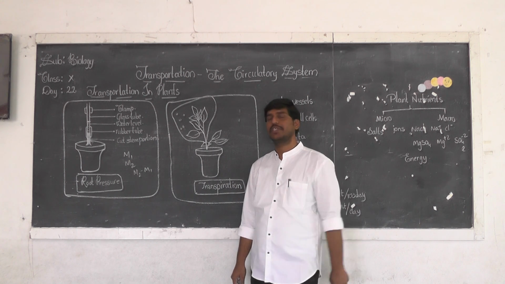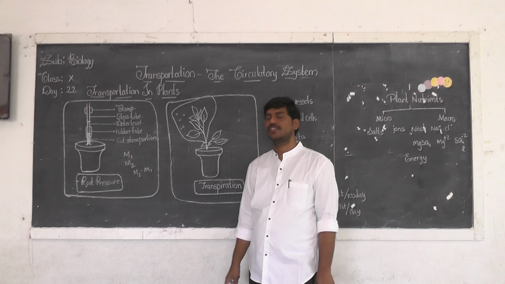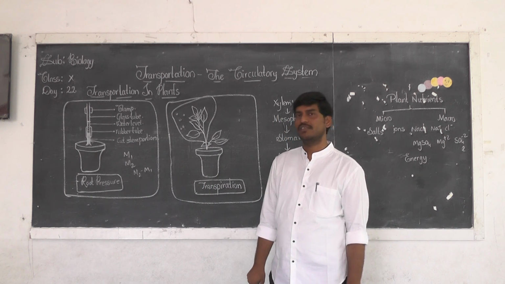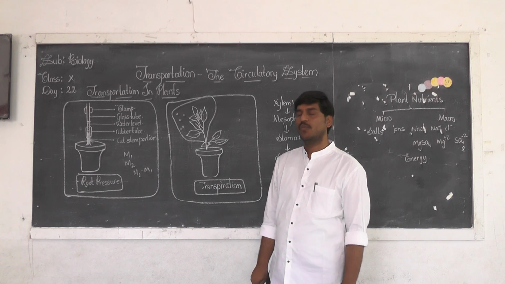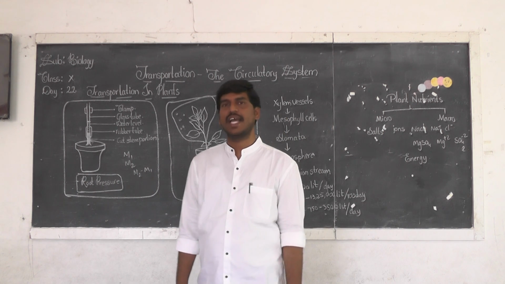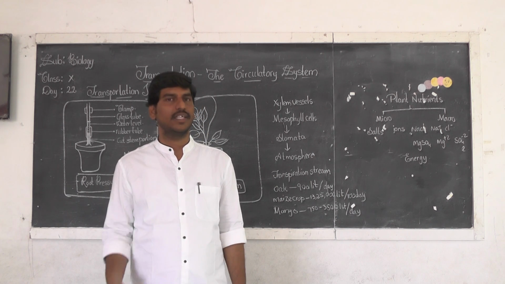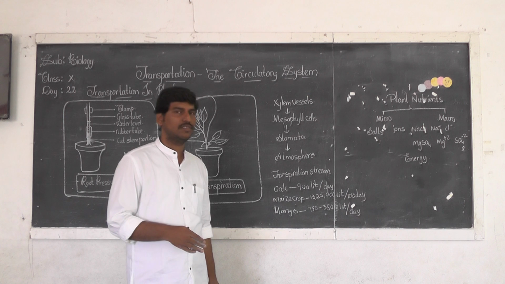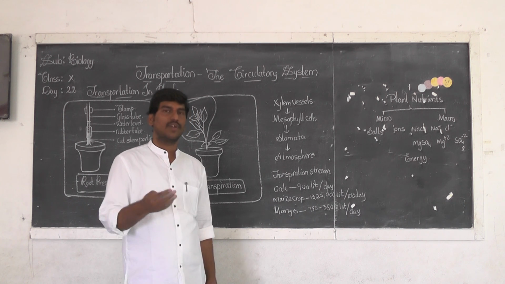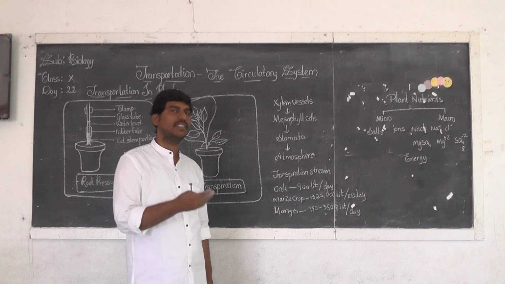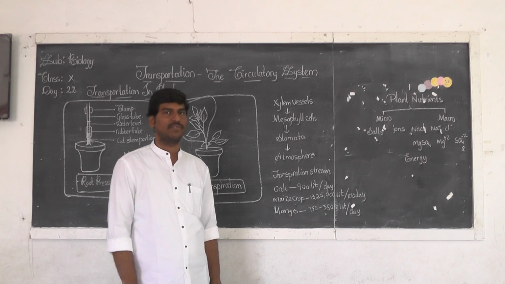From where do these water droplets come? These water droplets come because of transpiration. What is transpiration actually? What we have seen in the last class is that water is absorbed into the root hair, that is, the epidermal cells, because of osmosis. From the epidermal cells it moves into the adjacent cells, and from there into the xylem vessels.